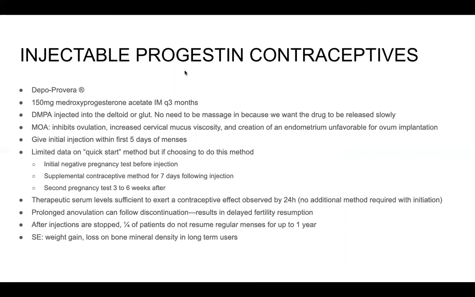So the injectable is your Depo-Provera. It's progesterone, given IM every 3 months, and it works by inhibiting ovulation, increasing cervical mucus viscosity, and creating an endometrium unfavorable for ovum implantation.